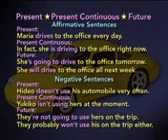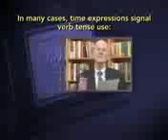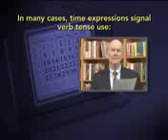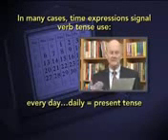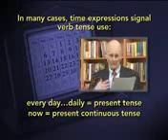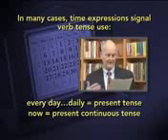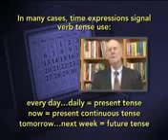And they probably won't use his on the trip either, the other future. In many cases, time expressions signal verb tense. Words like everyday, daily signal present tense. Now you know, by heart, signals ing forms continuous. And tomorrow and next week are future signals.